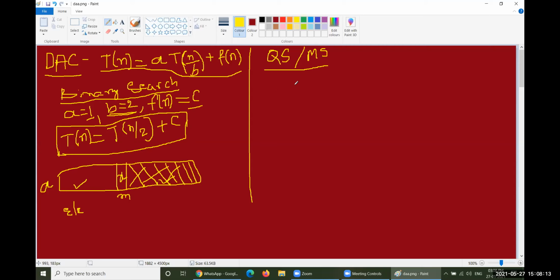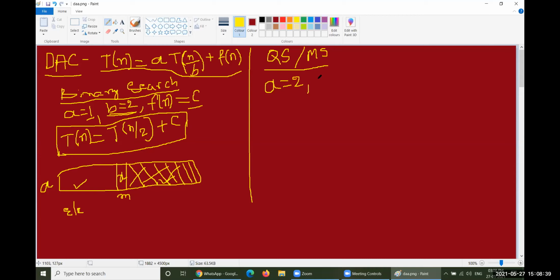However, whatever the sort might be, we have to take both sublists into consideration for sorting. If you sort only one sublist and leave the second one, the sort could not be completed. Therefore, the value of a will be equal to 2. Two sublists are supposed to be taken into consideration for every recursive call.